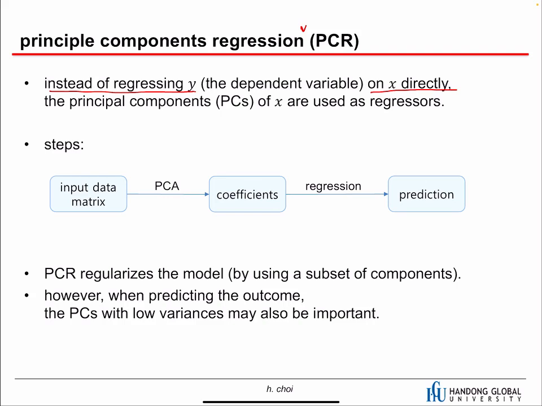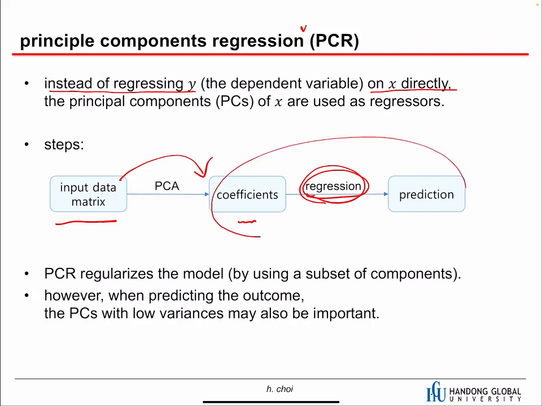So instead of applying regression directly on x, we reduce the dimensionality with PCA, so we have low dimensional features, and then we apply the regression here. This regression would be simpler than before, because this one has lots of features and this one has few features. This one is more stable and better.